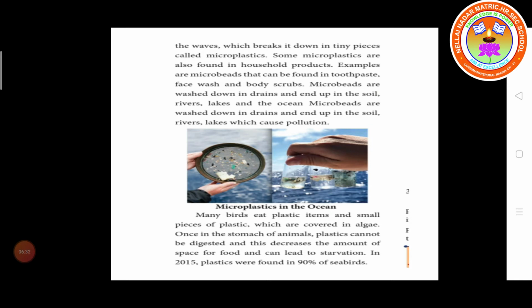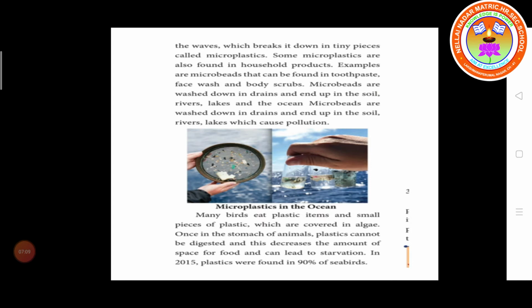Many birds eat plastic items and small pieces of plastic, that is microbeads, which are covered in algae. Once in the stomach of animals, the plastics cannot be digested, and this decreases the amount of space for food and can lead to starvation.